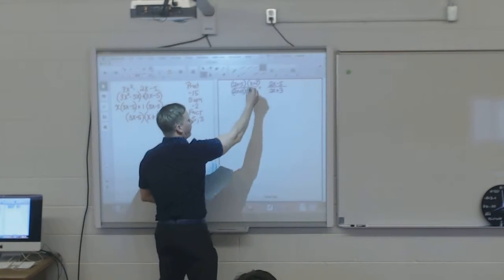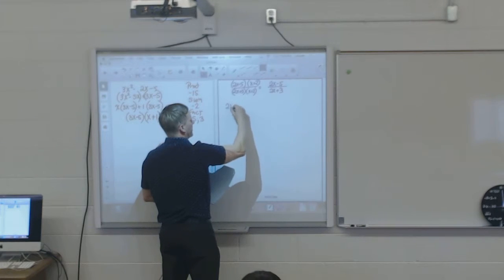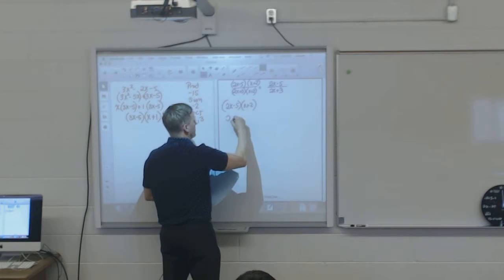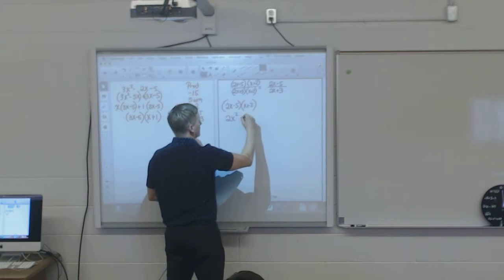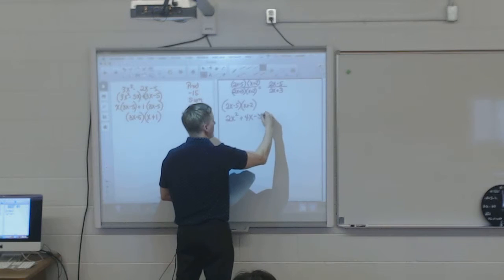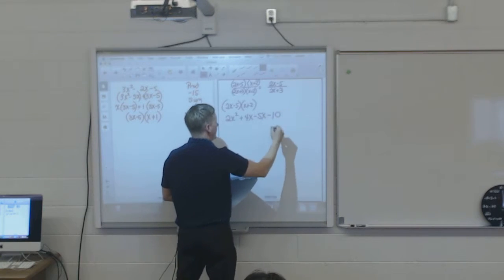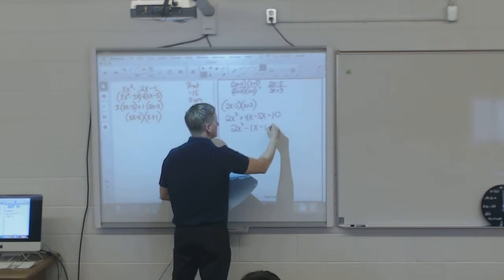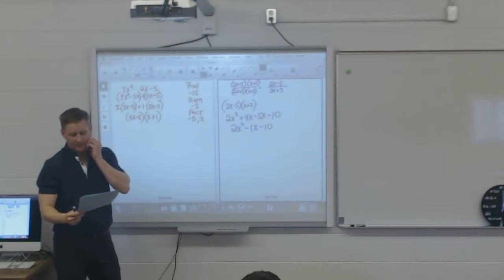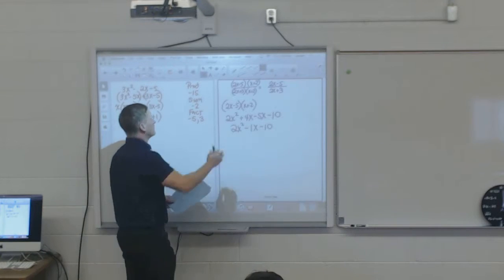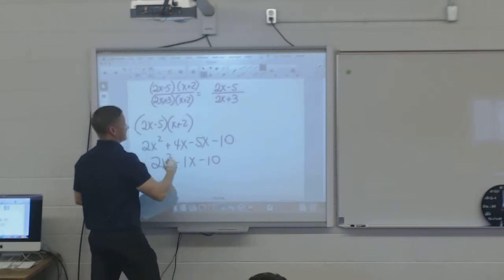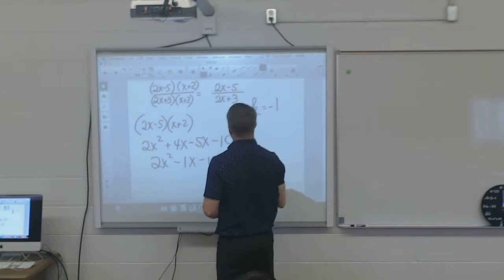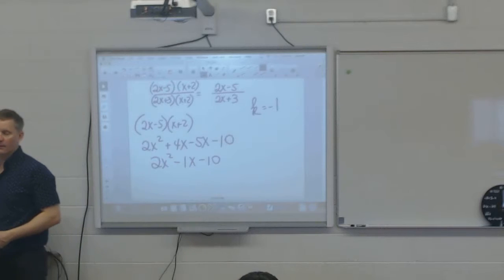So now, I FOIL this. 2x minus 5 times x plus 2 is 2x squared plus 4x, subtract 5x, subtract 10, 2x squared minus 1x minus 10. What does k have to equal? Negative 1.